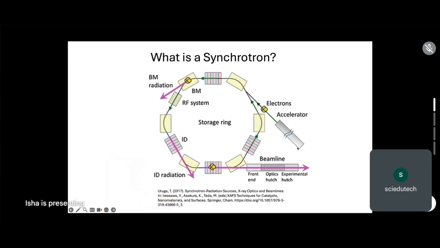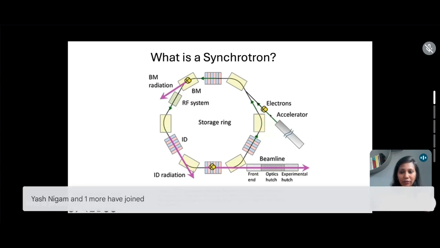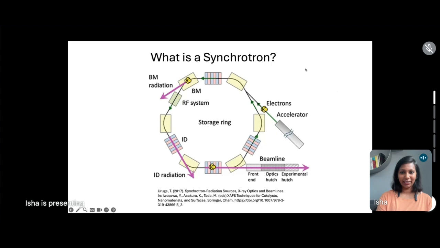I'll go for the automatic one. Okay. So you have an electron gun at the end here, and then the electrons are excited. I'm starting from the rightmost side of the image.